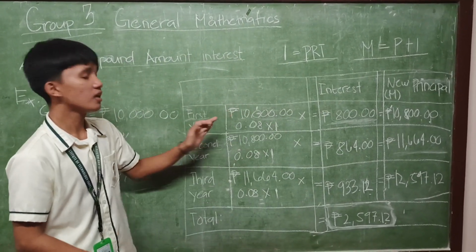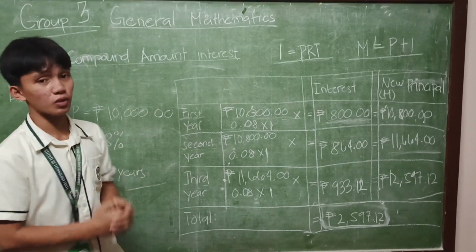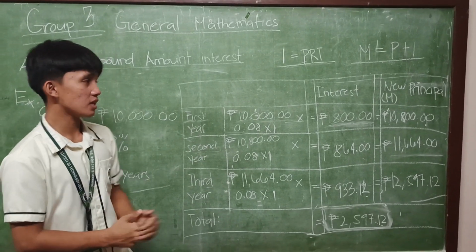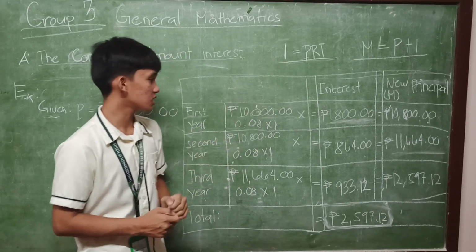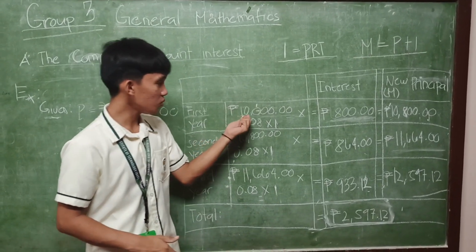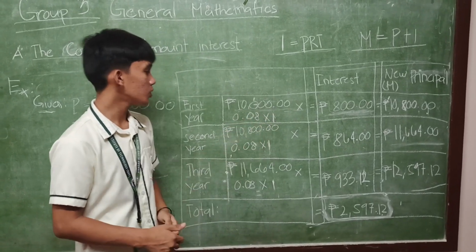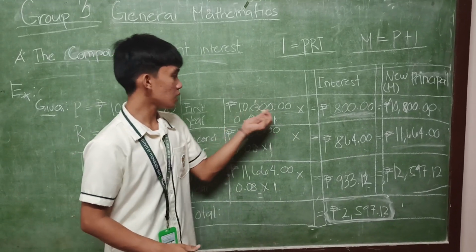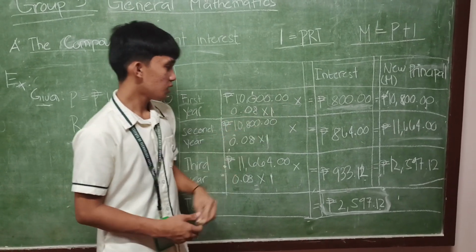Let's proceed na sa first step para sa pag-compute ng compound amount interest. First step is i-apply natin yung pag-compute kung paano computein yung interest. First, i-substitute muna natin yung mga value, which is 10,000 times 0.08 times 1.